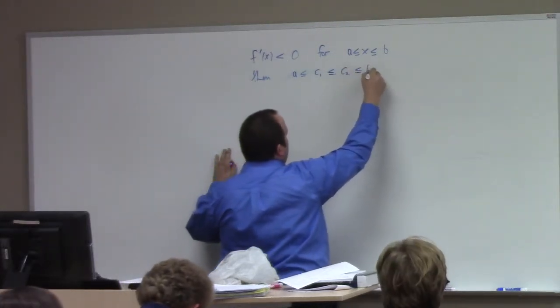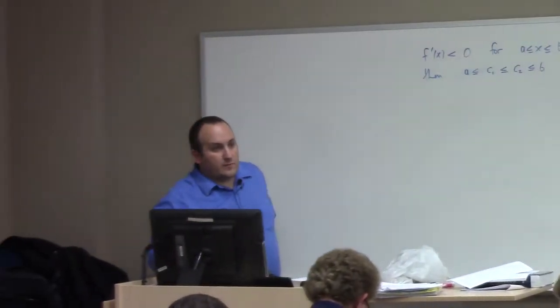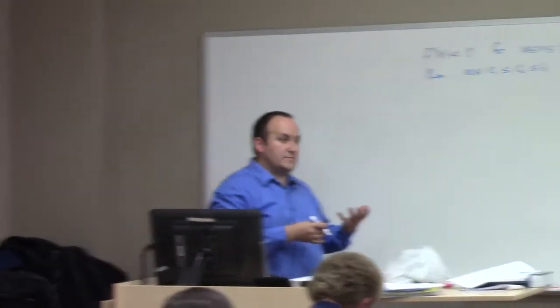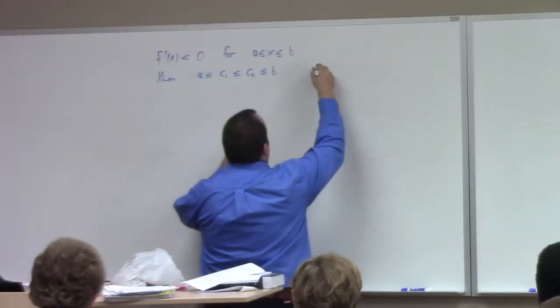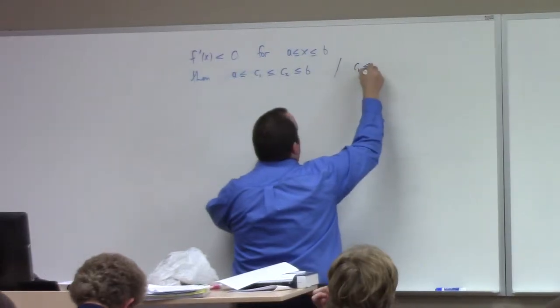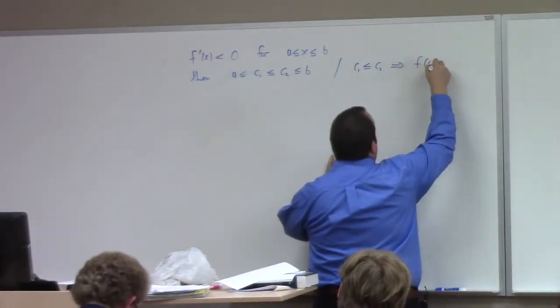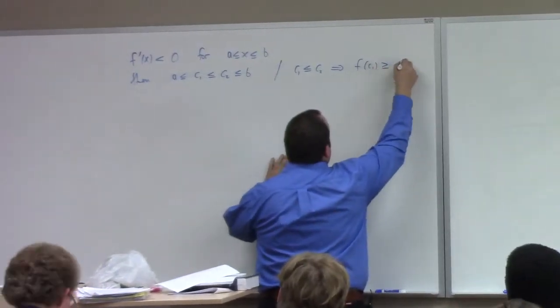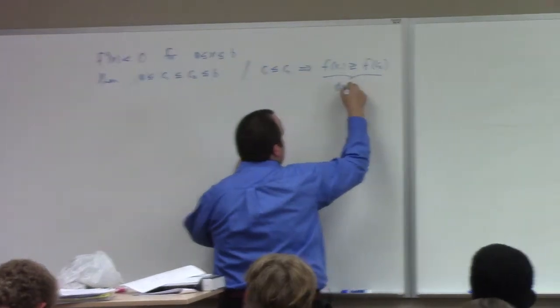In other words, suppose c1 and c2 are in the interval where you know that the derivative is negative. Then c1 less than or equal to c2 implies that f of c1 is greater than or equal to f of c2. This is what it means for a function to decrease.